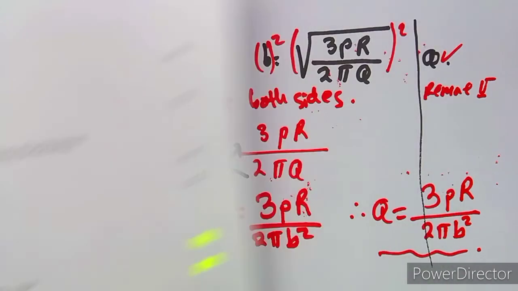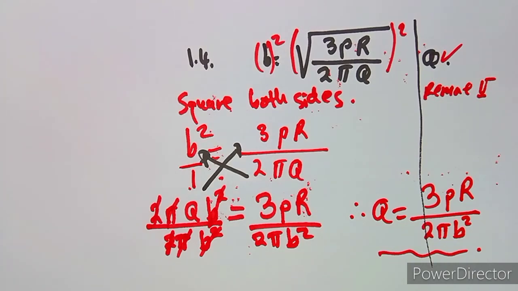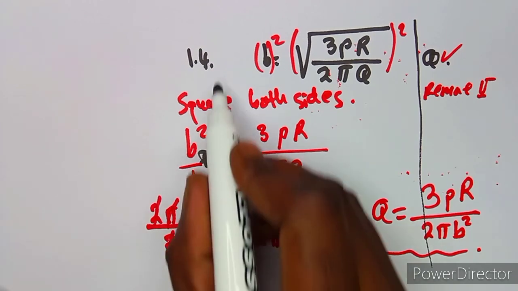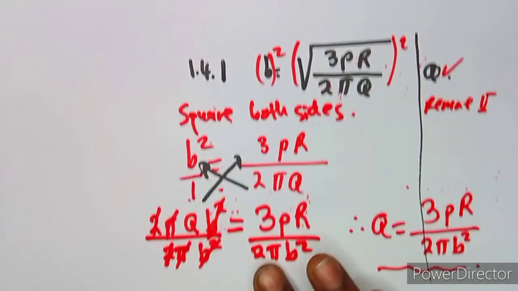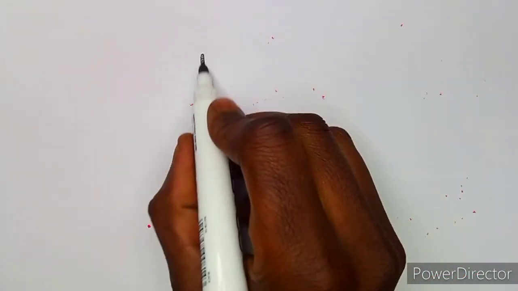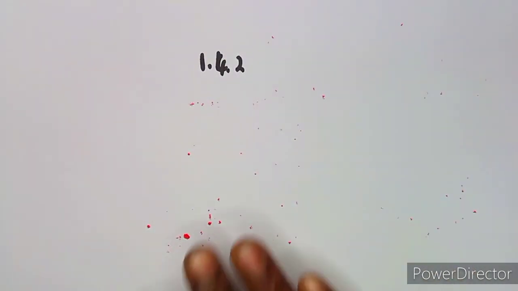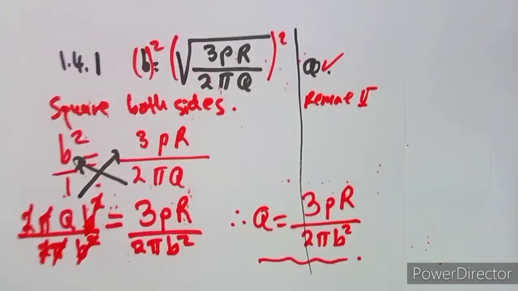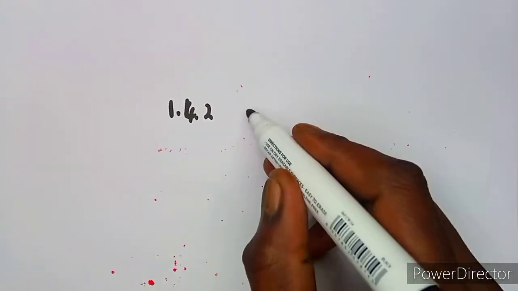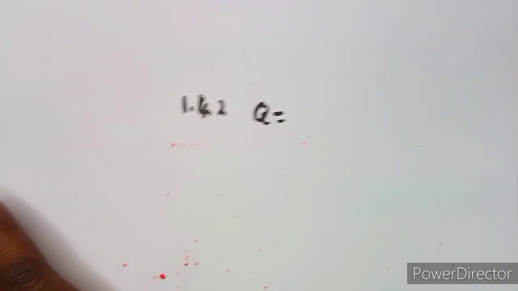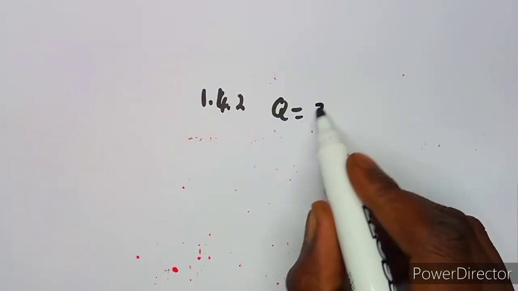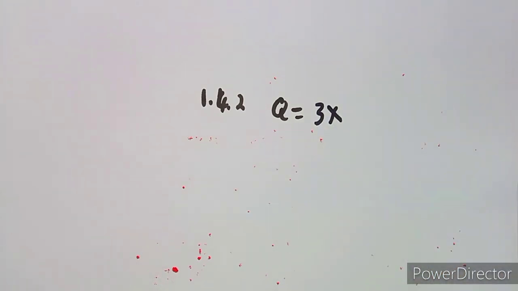So actually this is a continuation part. This is 1.41 like this, okay, and this is 1.42. Like I said guys, this one is just a continuation because already q is there, so you're just going to write q is equal to 3pr, so it's 3 times the value of p.